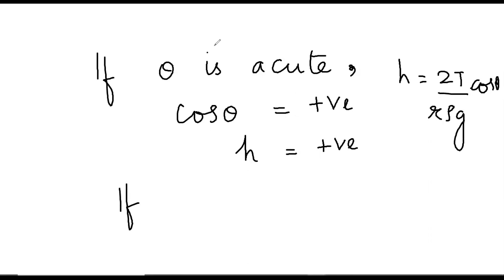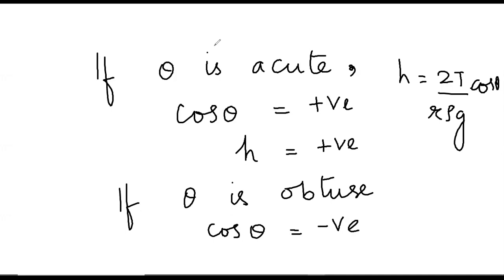Now my case 2, if theta is going to be obtuse. What's going to happen if theta is obtuse? Theta goes to the second quadrant, cos theta becomes negative. That means my h also becomes negative. When h becomes negative, that means the liquid is not going to rise, rather the liquid is going to fall.